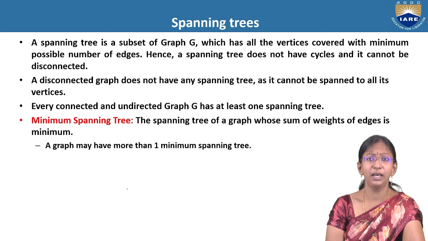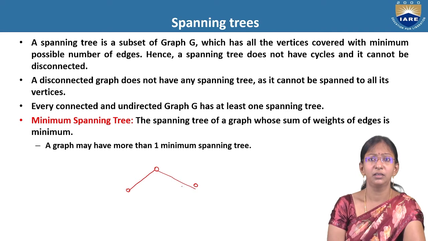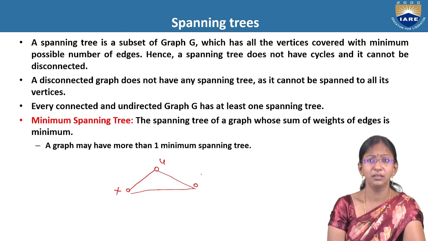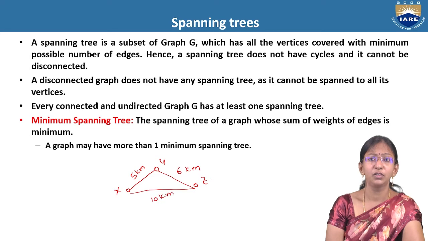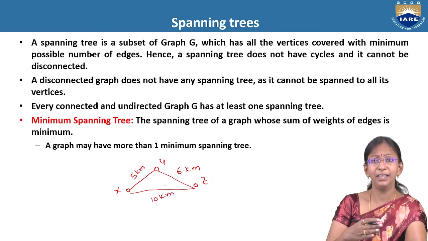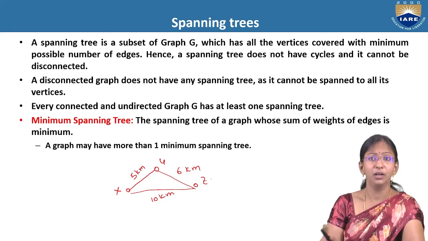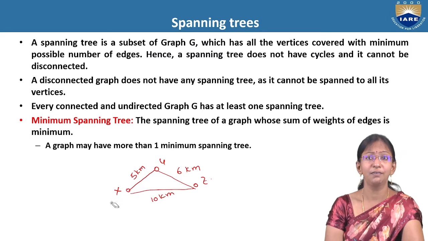Say for example, from place X, Y, Z, the distance between X and Y is 5 kilometers. Then Y to Z is, say, 6 kilometers. And from X to Z is 10 kilometers. So the numerical values 5, 6, 10 are nothing but weights. Okay, so this is how a weighted graph looks.